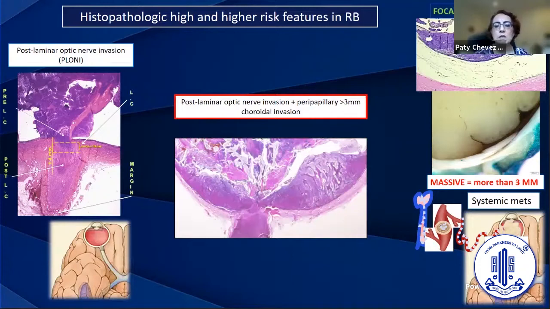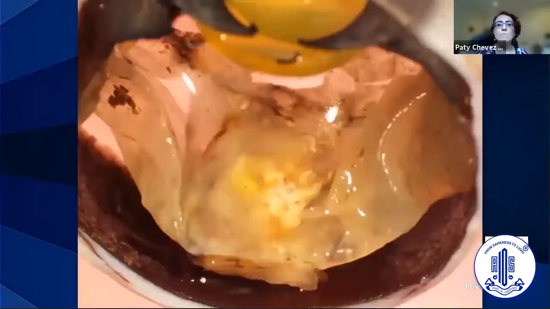In this trial, what we found is that the combination of peripapillary optic nerve invasion, massive choroidal invasion, and postlaminar invasion is worse. And just talking a little bit about post-treatment effect, you are not making these risk factors disappear at all.